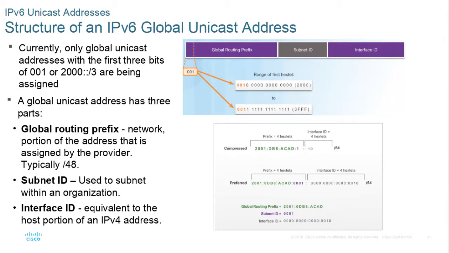If you are a service provider, you would give a /48 to a company because they might have hundreds of branch offices and they all need a /64. So we're going to subnet our /48 into 65,000 /64s. Within a particular company, everybody in the Fort Worth home office will use one /64.